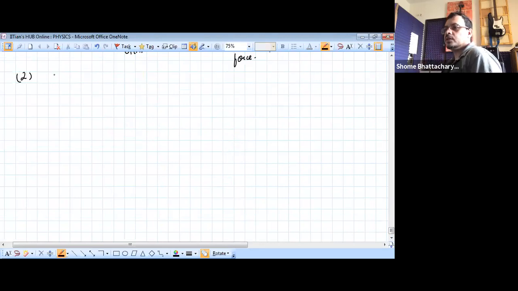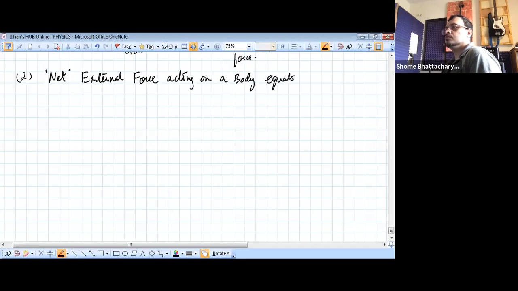So, the statement of the second law, as you know, the correct statement is that the net external force acting on a body equals the rate of change of its momentum. This is the proper statement of it. So this is called the force law. It relates the property of force.